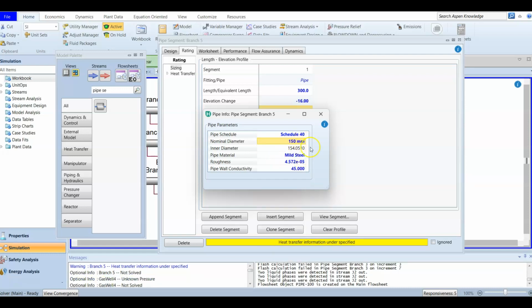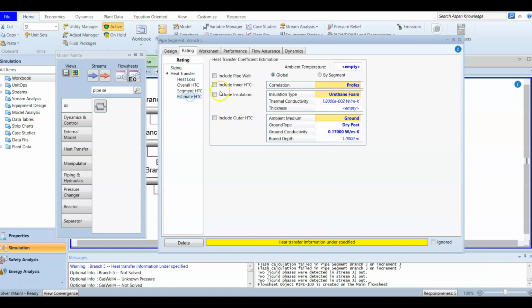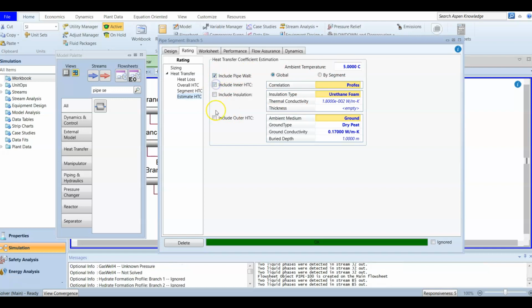This is equivalent to maybe 6 inch. Because we are dealing with 3 phase, we increase our increments to 10, and we are going to estimate our heat transfer. So this one will be 5, and again we include the outer HTC.